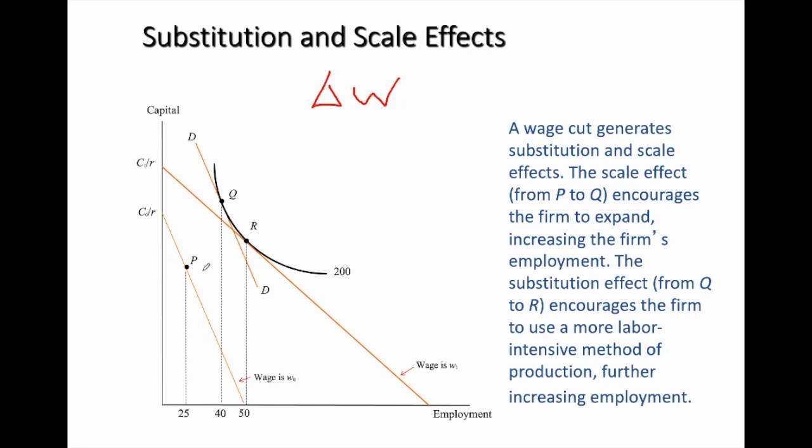So what happened in the earlier analysis is that when there is a reduction in the wage rate, there is a change in the tangential point from P to R. Now let's capture the scale effect and the substitution effect. Before we do that, let's first understand what happened when there is a change in the wage rate to the firm's cost structure. To be more specific, let's say there is a reduction in the wage rate.